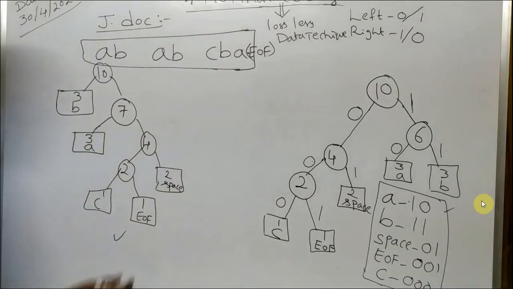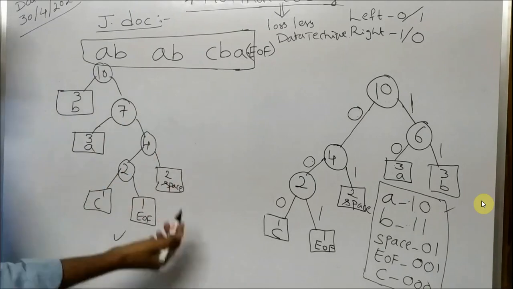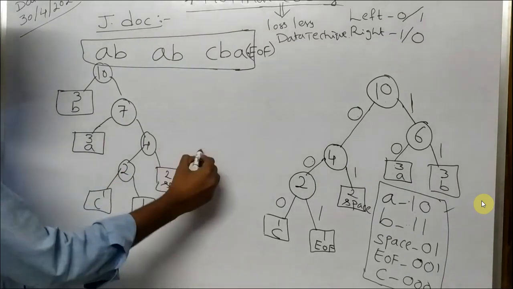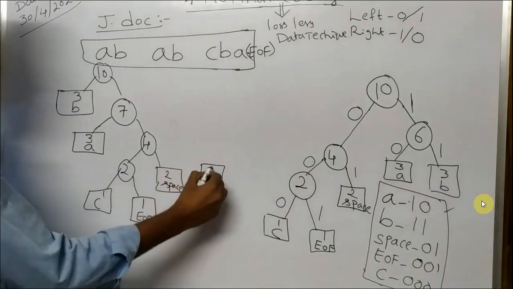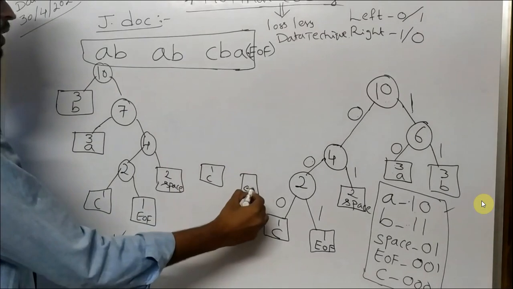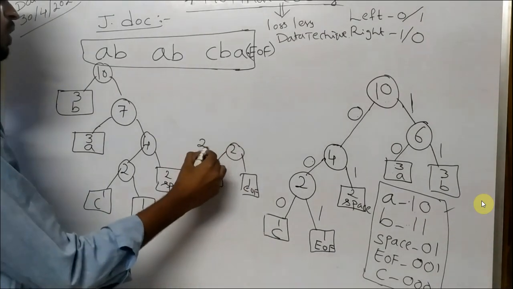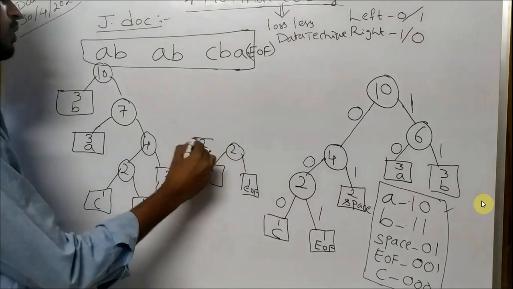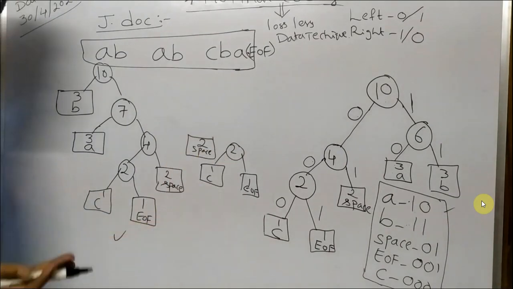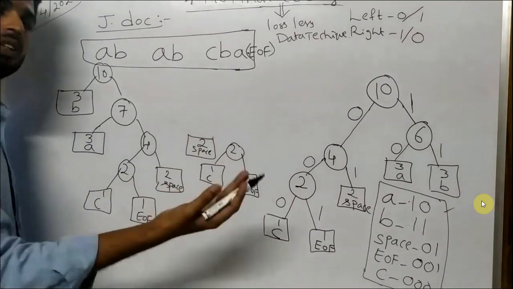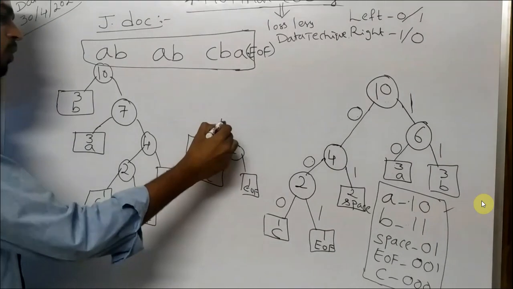Or we can construct with 2 on the left side, then go for the right. Just check. I will take one more tree. C 1, end of file 1, 2, right. I will now take space to the left side. You can take any tree. Anything is a Huffman tree. It will always generate valid codes. 2, 2, 4.